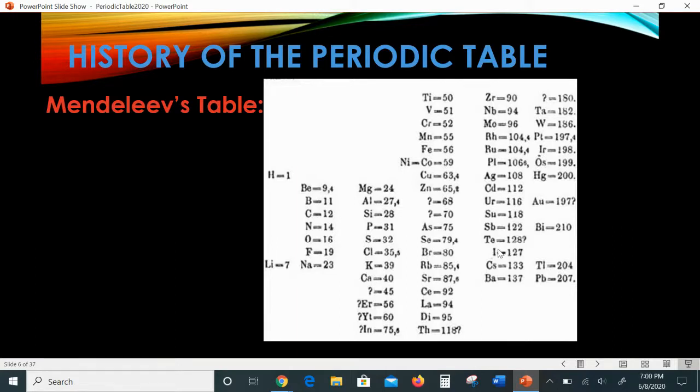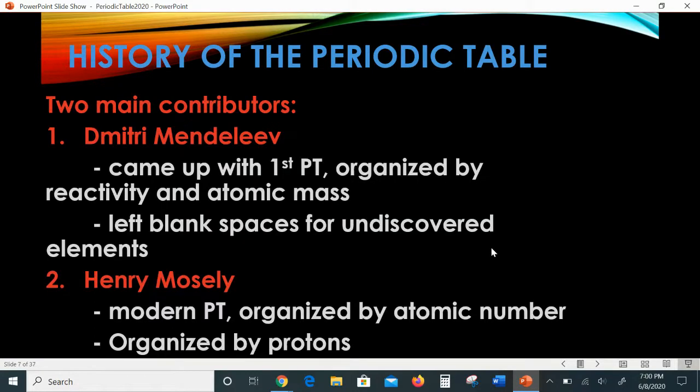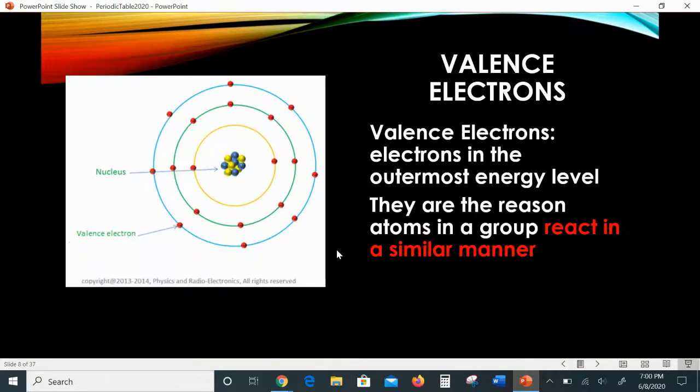So that's why I kind of give hats off to Mendeleev. He just didn't know that the reason this was happening was because of protons. Moseley was the one who figured that out. So he kind of punched it in after Dmitri took it 99 yards. Moseley punched it in. He was the one who figured out it's organized by protons. So you should know that the periodic table is organized both by protons and by reactivity.